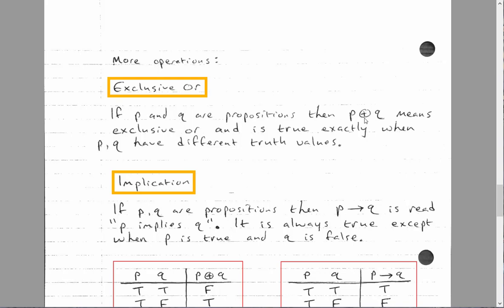It has this notation, a plus sign with a circle, so that means exclusive OR, and it's true exactly when P and Q have different truth values. So if P and Q are both true or both false, then exclusive OR is false.